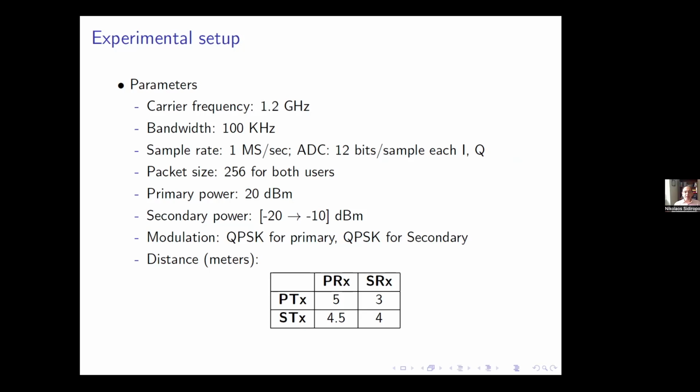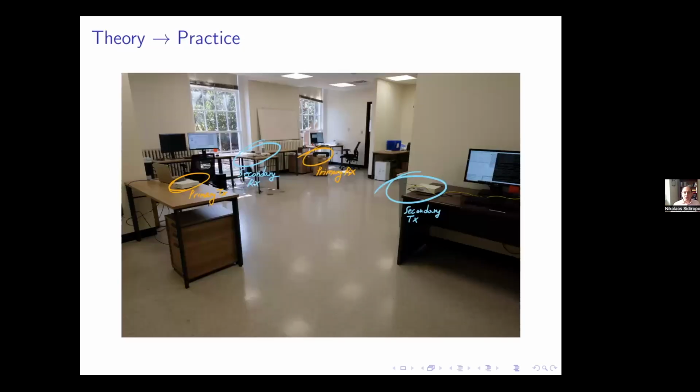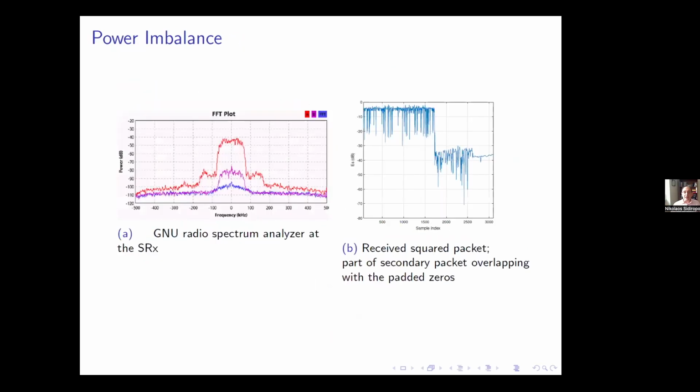And the secondary link transmits at far lower power than the primary link. So it transmits between -20 and -10 dBm. So the transmit power difference is from -40 dB to -30 dB. So much lower. The modulation for both is QPSK, and these are the distances in meters, which you can assess from the picture as well.